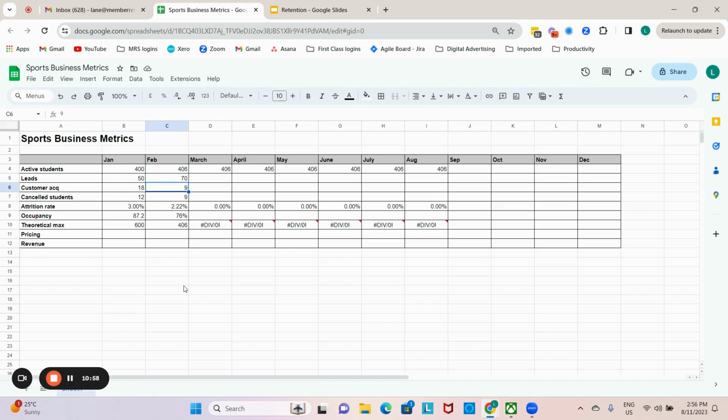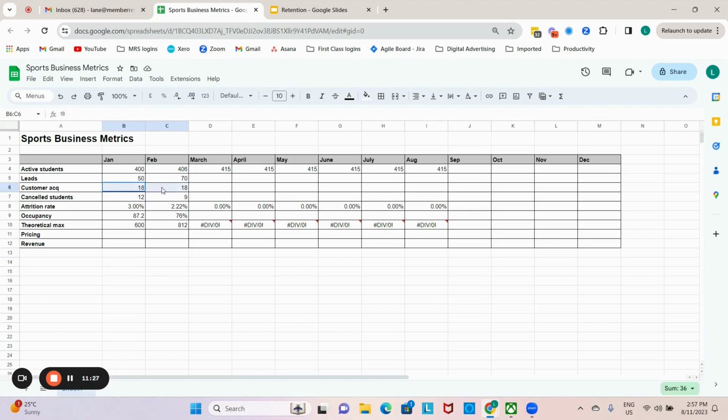And let's now look at this the next month. So let's say we stick at 18 again, but our lost customers goes down to 9. What we can see here is that our theoretical max has taken off significantly. So what I love about this is see how little our retention or attrition rate has changed.